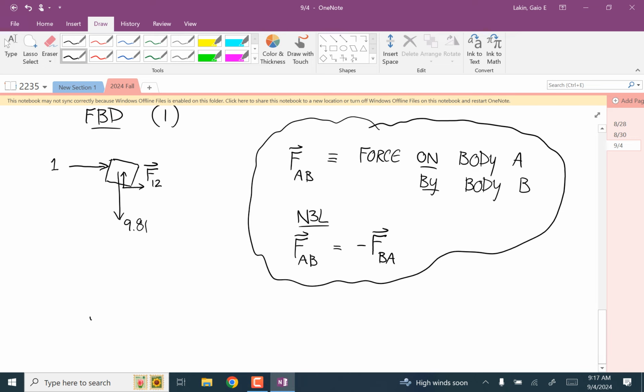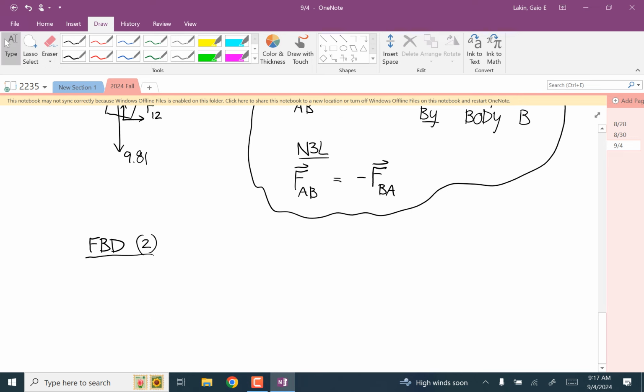Okay, so now we'll go to the free body diagram of the 2 kilogram block. We have a weight force down of 19.62.